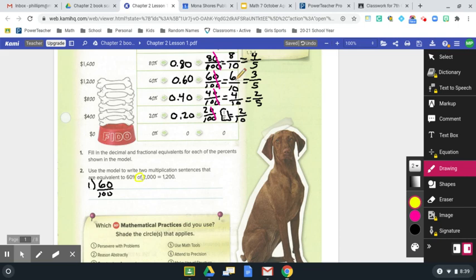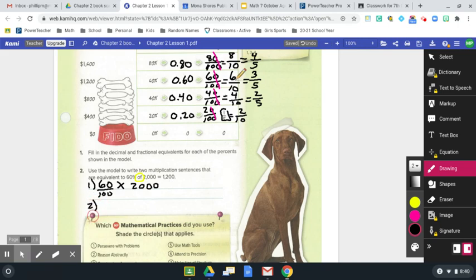Add, subtract, multiply, divide. Hopefully, you're saying multiplication. So of means to multiply, so times. And then we're trying to find 60% of 2,000, times 2,000. That's one way to show a multiplication sentence to help us find that it would equal 1,200.